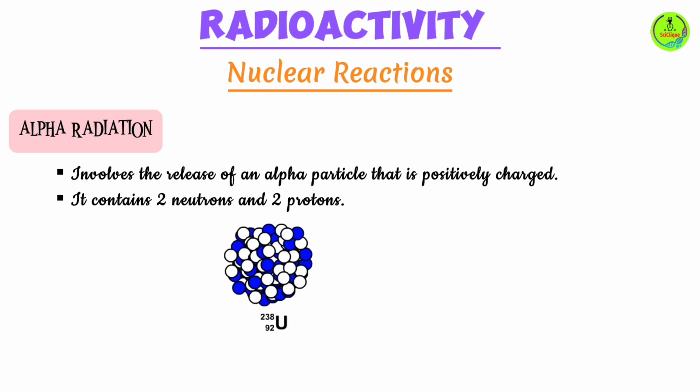This is uranium. It has an atomic number of 92, so 92 protons. It has a mass number of 238, so that is the sum of the neutrons and the protons. Now, when uranium undergoes alpha radiation, it's going to emit an alpha particle that contains two neutrons and two protons. So whatever remains in the uranium atom after the emission of the alpha particle is what is going to form the new element, which is thorium.